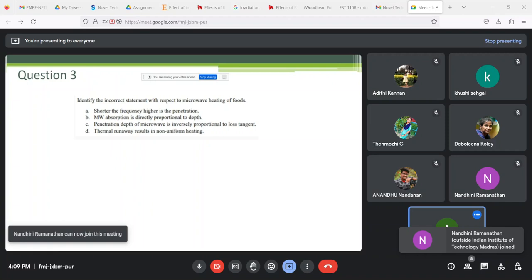So majority of this question can be answered by one single formula of the penetration depth. We'll look at the formula later on, but can you identify the incorrect statement in this? So what happens if the frequency is extremely low? Will the penetration be higher or lower?